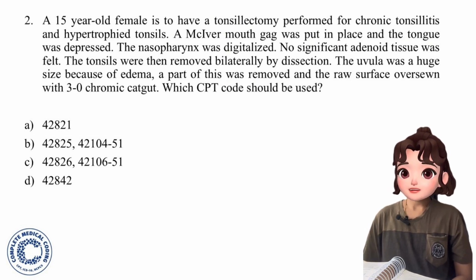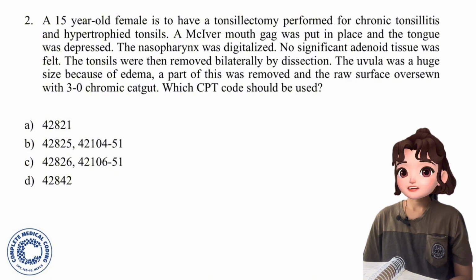The second question. A 15-year-old female is to have a tonsillectomy performed for chronic tonsillitis and hypertrophied tonsils. So here the procedure is tonsillectomy. Maxillary mouth gag was put in place and the tongue was depressed. The nasopharynx was digitalized. No significant adenoid tissue was felt.